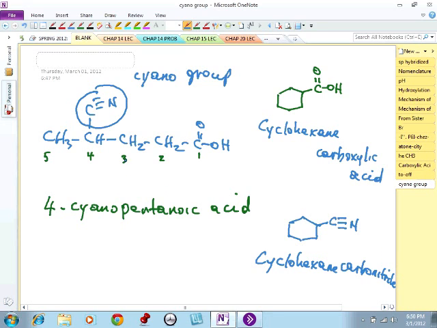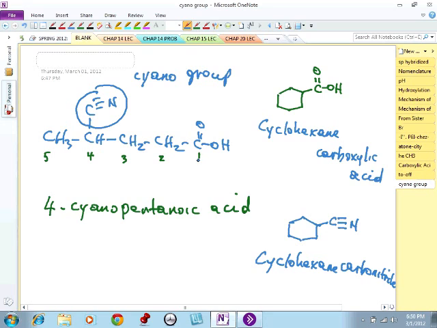Now, if you want to name the carbon nitrogen triple bond as a substituent, then you use the word cyano as a substituent. In this case here, it is a substituent. Is it also 2 words? For cyclohexane carbonitrile?